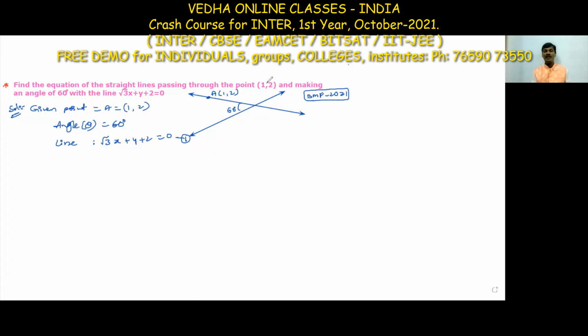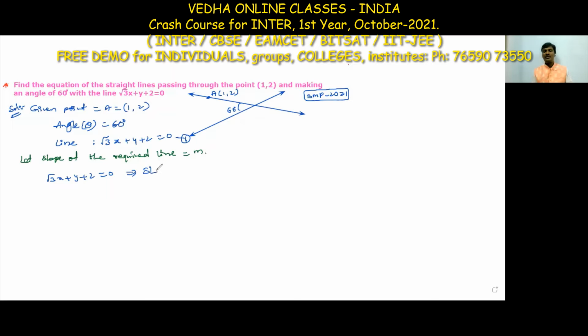So how to find it? Let the slope of the required line be m. Now what is the slope of this equation 1? Here we have √3x + y + 2 = 0.